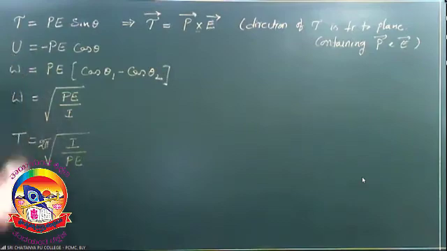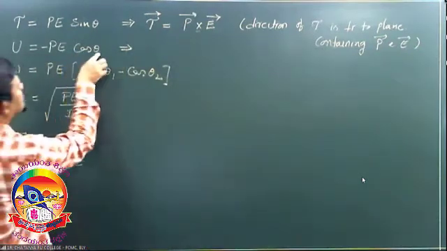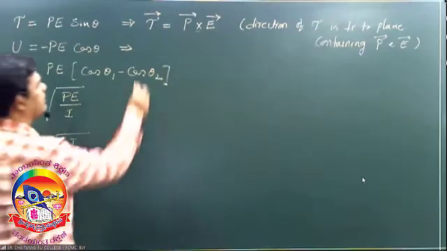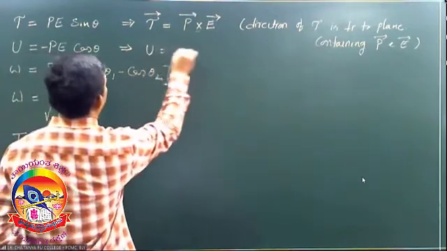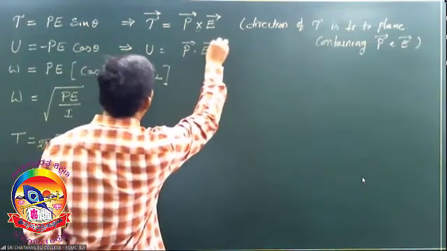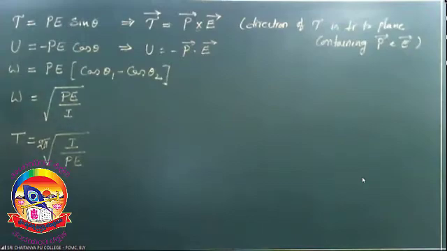U, potential energy of the dipole, is minus PE cos theta. See, this cos theta, cos in the sense P dot E. It is a dot product of P and E, right?